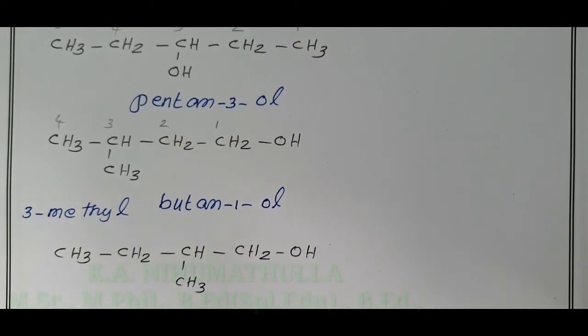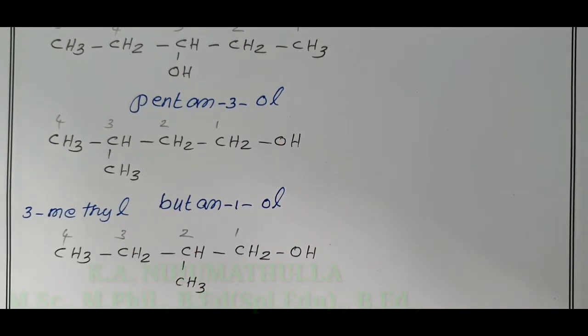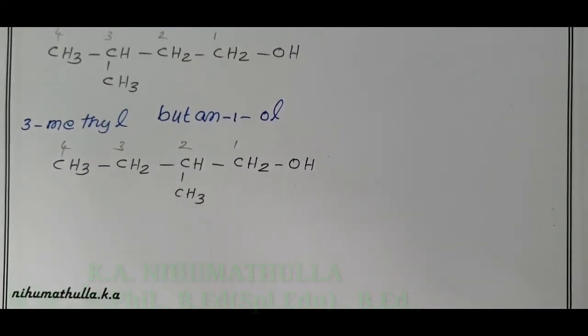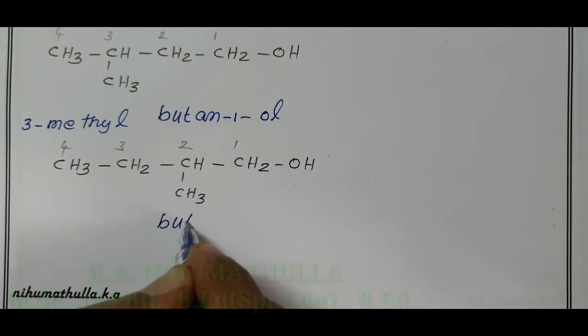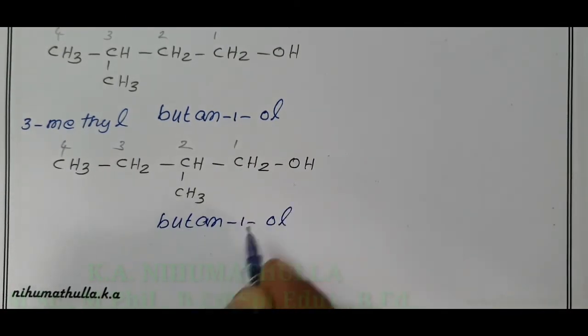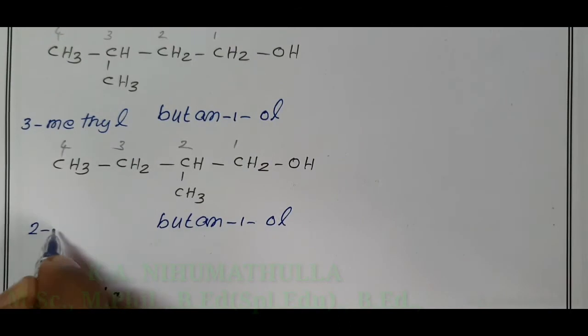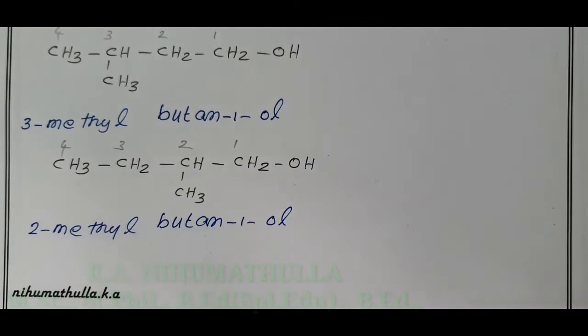Starting from right to left, 1, 2, 3, 4. 4 carbon atoms, we know the root word is but, carbon-carbon single bond ane, OH ol, position of OH 1, second carbon contains 1 methyl group: 2-methylbutan-1-ol.